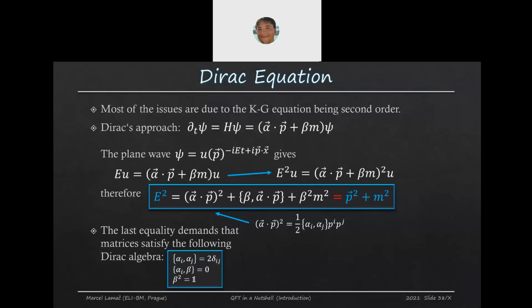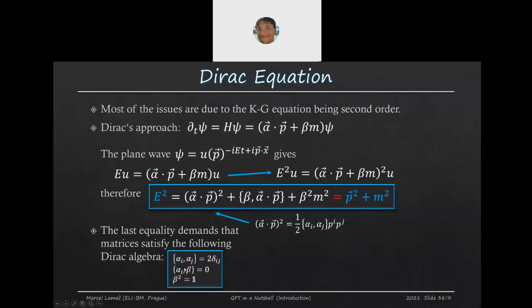And so the first condition, as we see, is that this anti-commutator must be equal to 2 delta_ij, because then we get delta_ij p_i p_j. So this is just the square of the momentum vector, so this must be it. The first condition follows simply from the requirement that we get the square of the momentum.